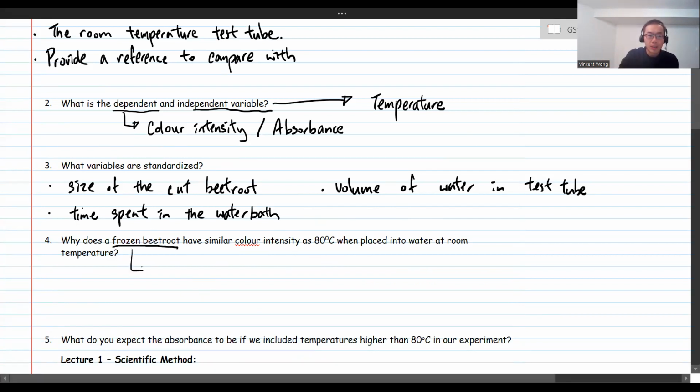So in class, we talked about how freezing a cell is going to damage the cell membrane. Ice crystals formed during freezing damage the cell membrane.